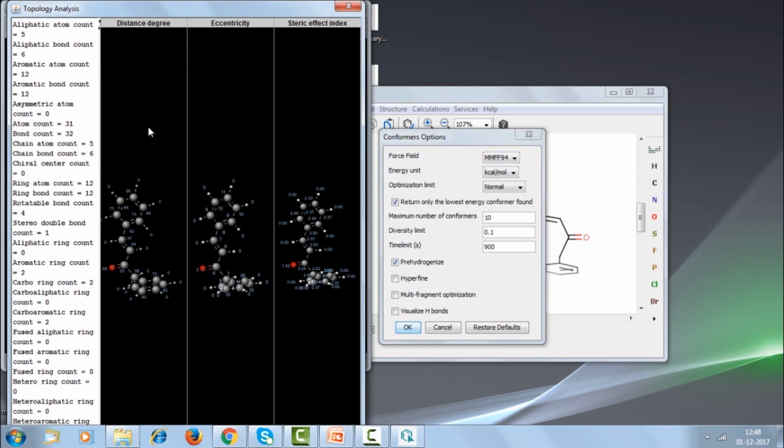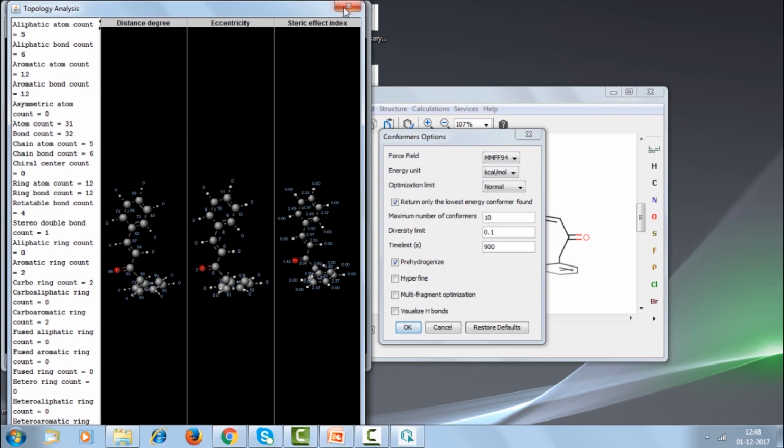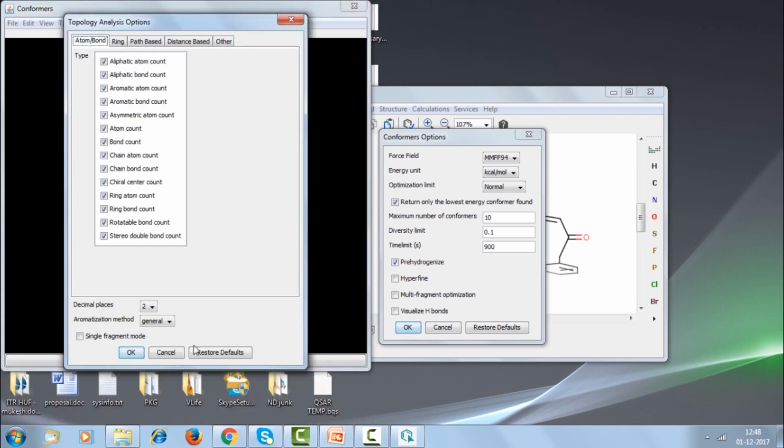This is the distance degree, and the steric effect index gives you the steric effect, as you can see here. This gives you the eccentricity part of it, this is the degree of distance, so a lot of information on this.